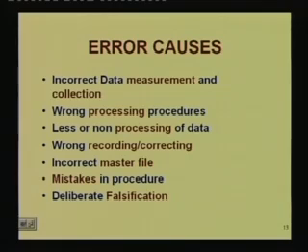Then there are incorrect master files, mistakes in procedures, and finally deliberate falsification. This is also a very important security matter. Sometimes we have people who falsify very deliberately. That is why there should be controls and checks, security measures, so that it does not happen.